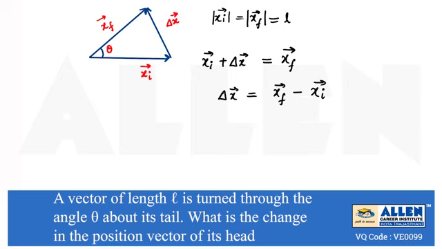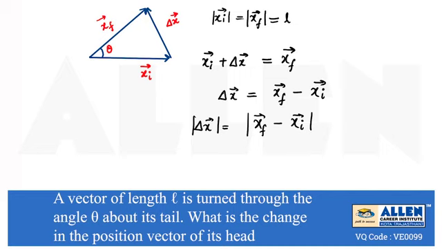and we have to find delta x vector, which can be seen it is the difference of two vectors, that is xf vector minus xi vector, and we have to find its magnitude, that is magnitude of vector difference of two vectors, and we have already seen these two vectors are equal in magnitude.